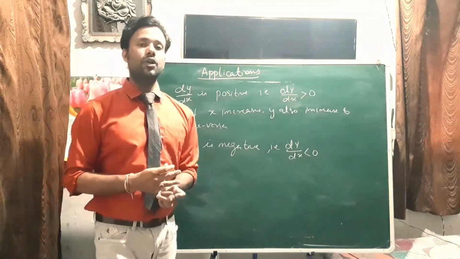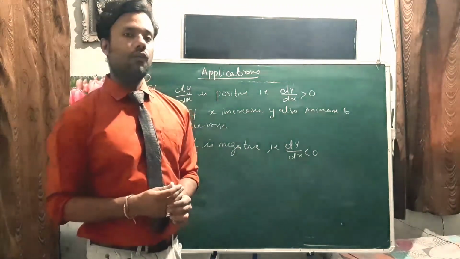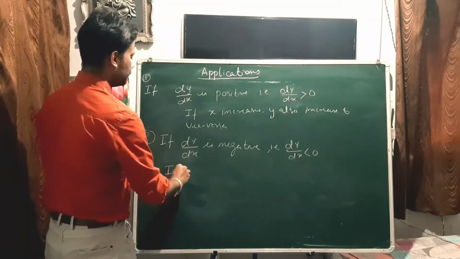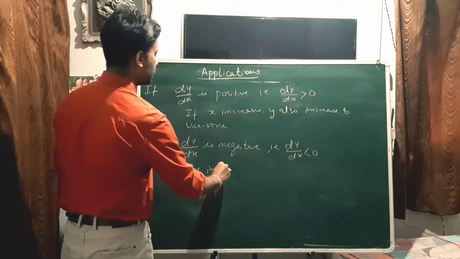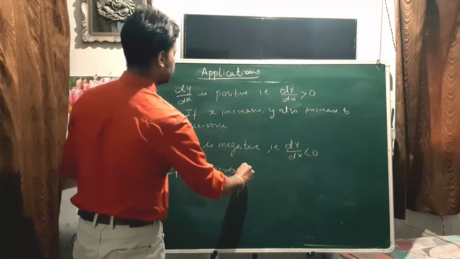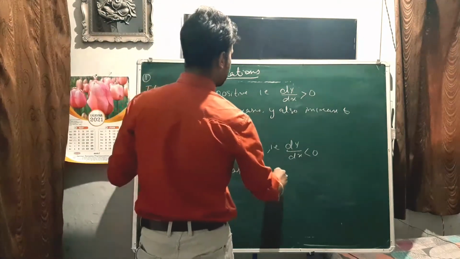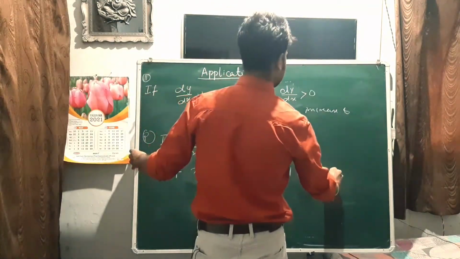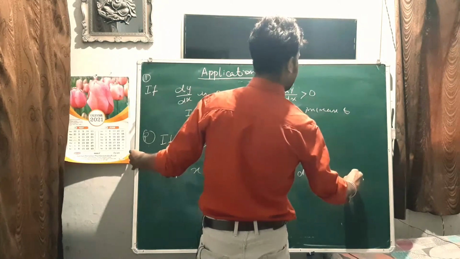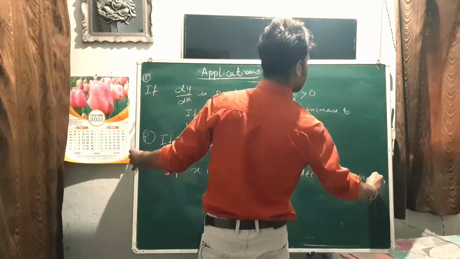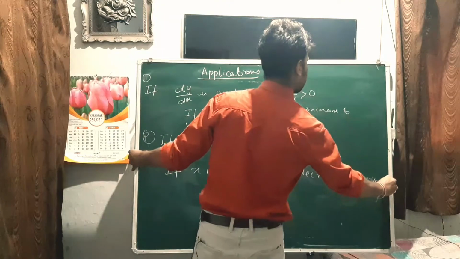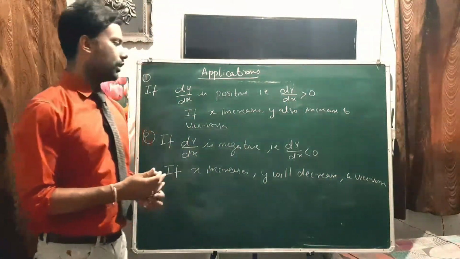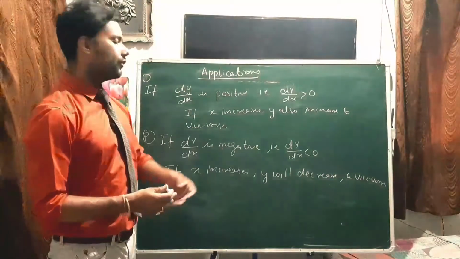If we increase the value of x, then the value of y will decrease, and vice versa. If x increases, y will decrease, and vice versa. That means if x decreases, then y will increase. So that will be the case of negative.